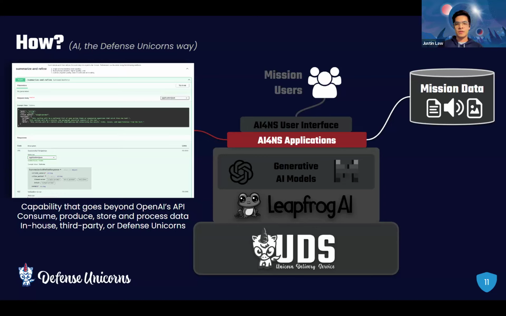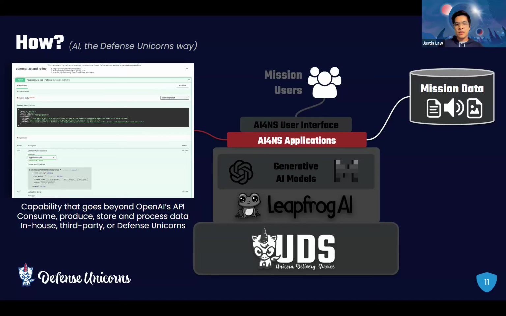It adds that mission-unique or application-specific capability that goes beyond just an API that does chat completion or embedding. This is where you add the layer we talked about in the previous session, RAG and a vector database. So basically, further layers of abstraction that provide actual end capability to our users. In this layer, we've developed some of our own applications that can be used by our partners, or you can develop applications yourself.